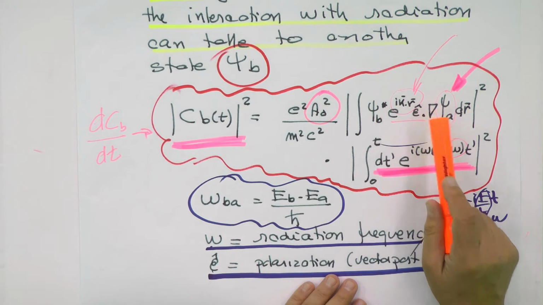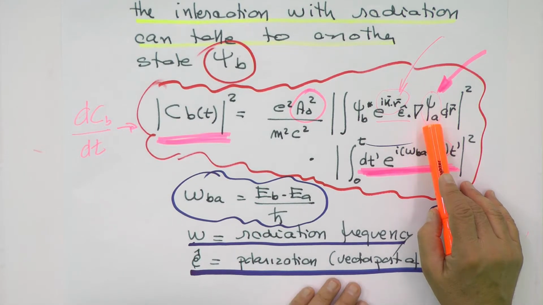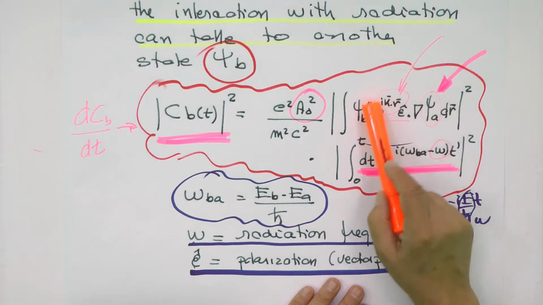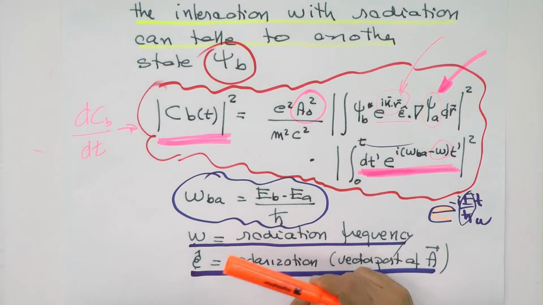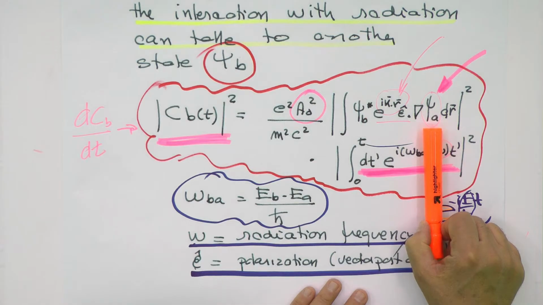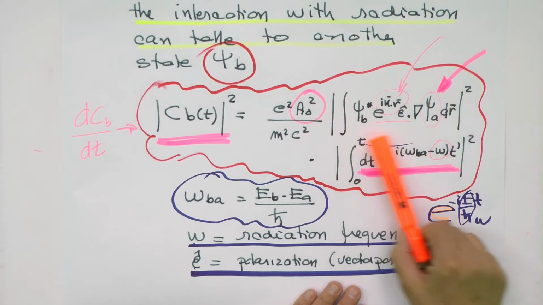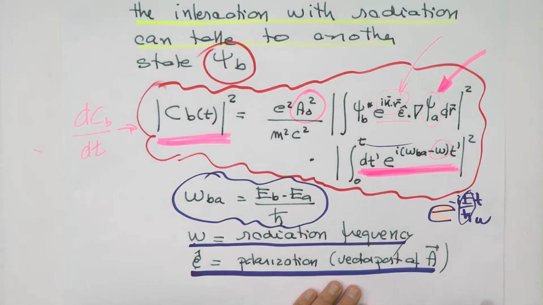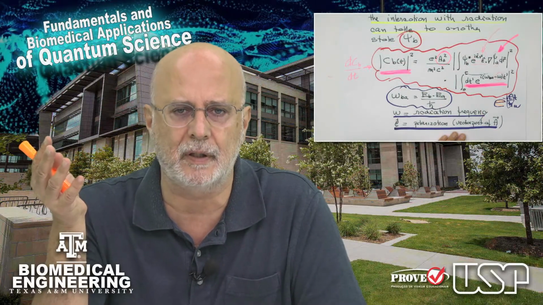But this one is only going to be non-zero if my interaction, which is basically the origin of this term, comes from the A there. If this term is able to act on the state A and modify it such that it looks like the state B, then this integral here will not be zero. So why am I insisting on this? Because that's the essential part of the electronic transition.